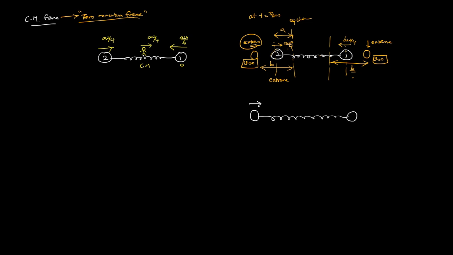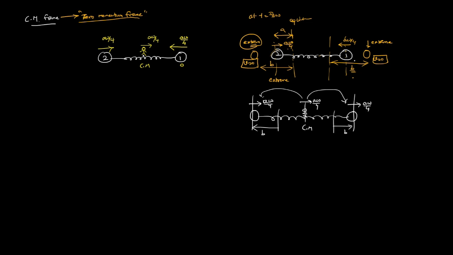They will have a velocity of a omega by 4 forward. If you see from the center of mass, this will appear at rest and this also will appear at rest. That means this is extreme, this is extreme. Hope you understood. Now the new amplitude is, let us say, b and b.